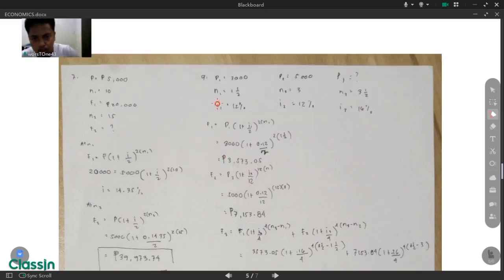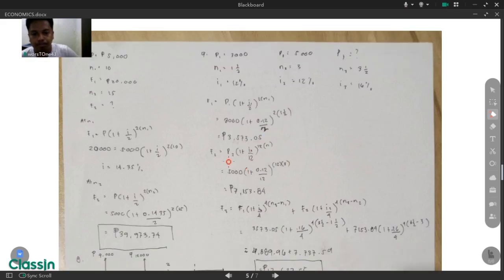First we'll be solving F1, the total amount to be accumulated after 1.5 years. We have F equals P times (1 plus i over 2) raised to the power 2 times n, since it's semi-annually. We have 3,000 times (1 plus 0.12 over 2) raised to the power of 2 times 1.5 years.